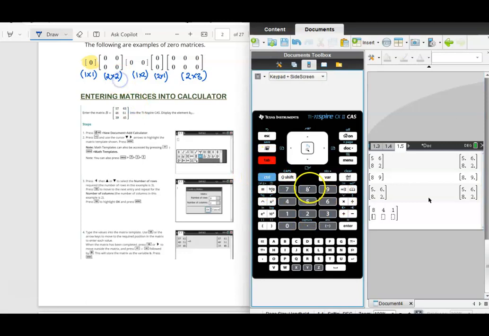I'm just making these numbers up, and then press enter. If you've got a whole heap of questions using the same matrix, you could just highlight it and press enter and it drops it down there. All right, we're going to start.